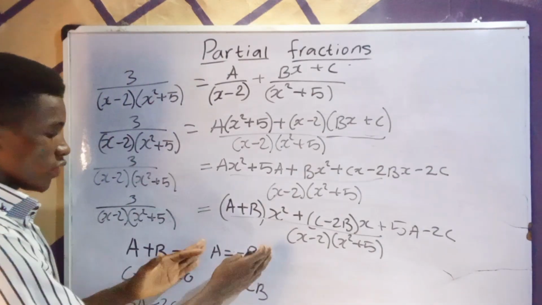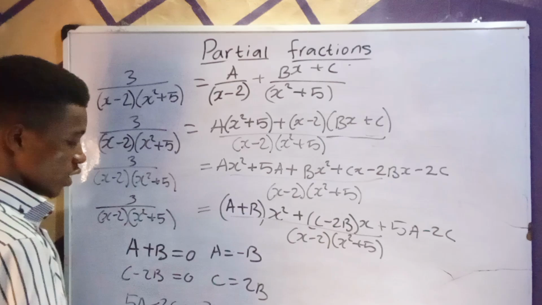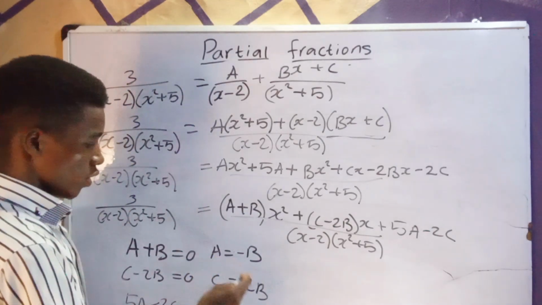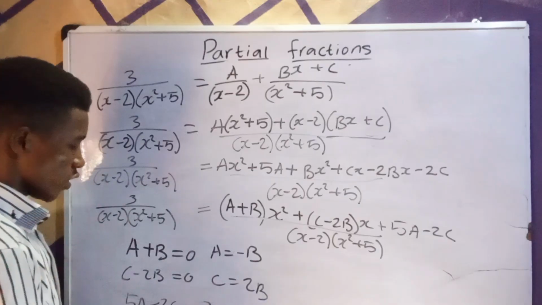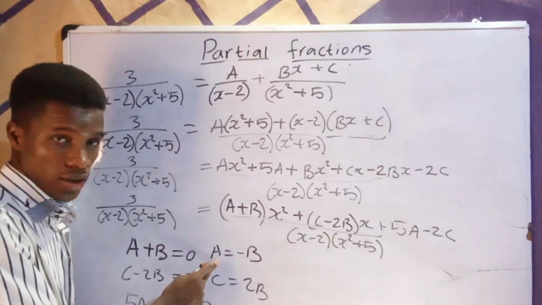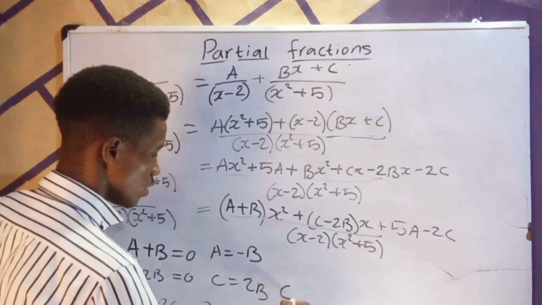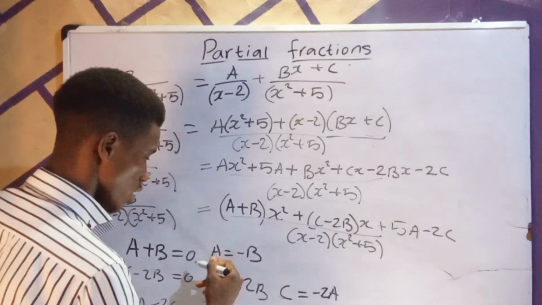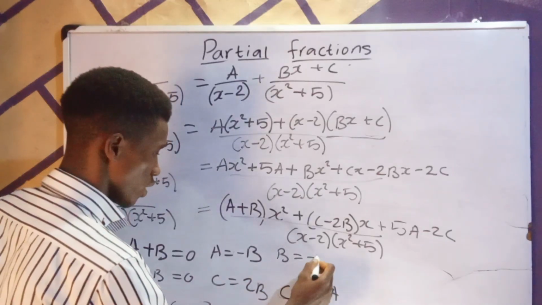So we can proceed to solving these 3 simultaneous equations. From here we can easily substitute the value of a here, then take that value and put it here. So b is also equal to minus a, right? So this implies that c is equal to minus 2a, because since a equals minus b, that means b is equal to minus a.